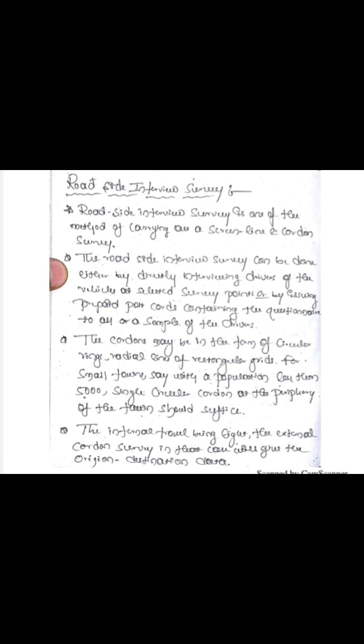Any convenient method can be taken for the sample. A fixed number of vehicles can be used, for every 10th, 15th or 25th vehicle. So every 10 vehicles one sample will be taken, or every 25 vehicles one sample can be collected, based on the method of collecting the samples.